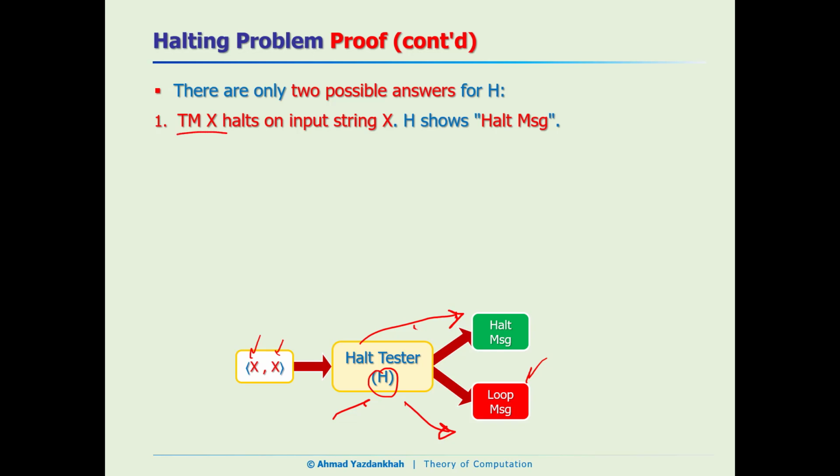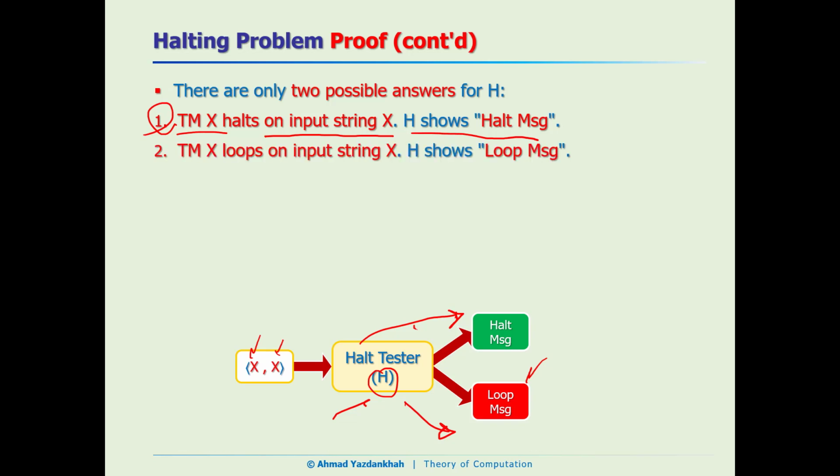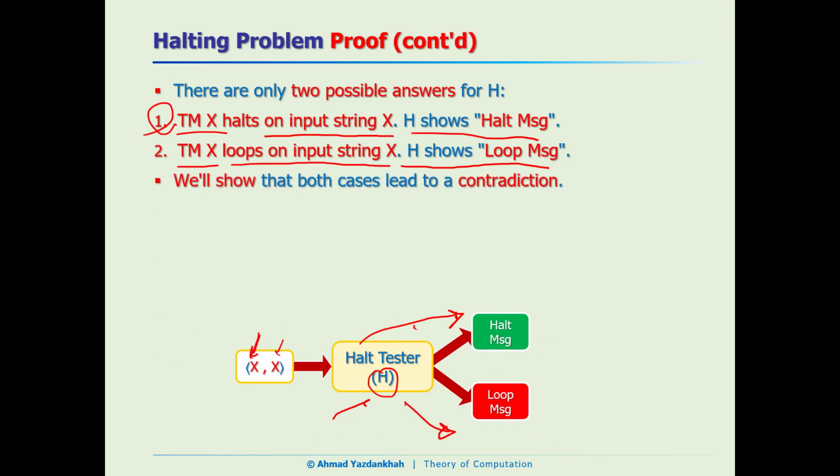Turing machine X halts on input string X. This is the first possibility, and if this is the case, then H should show the halt message. Another one is Turing machine X loops on input string X, and in this case, H should show the loop message. We want to show that in both cases, it goes to a contradiction.